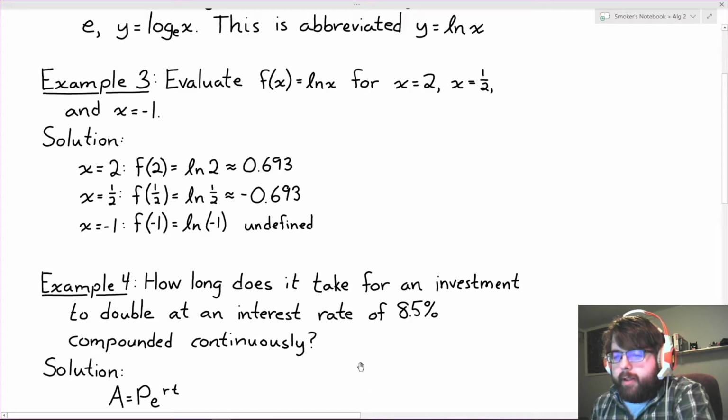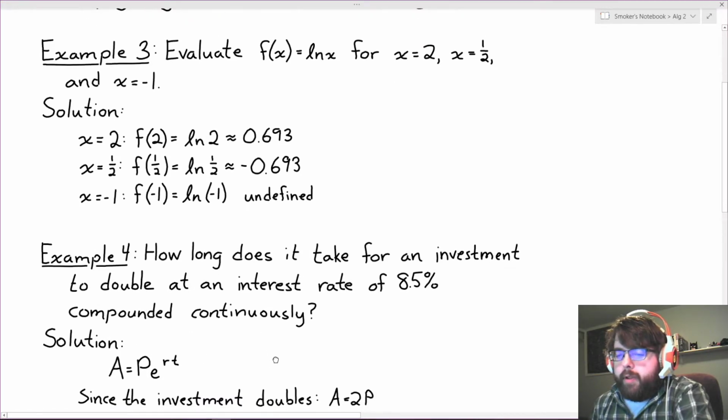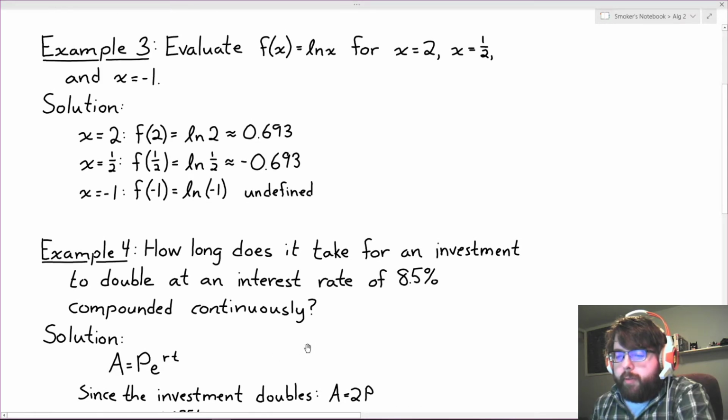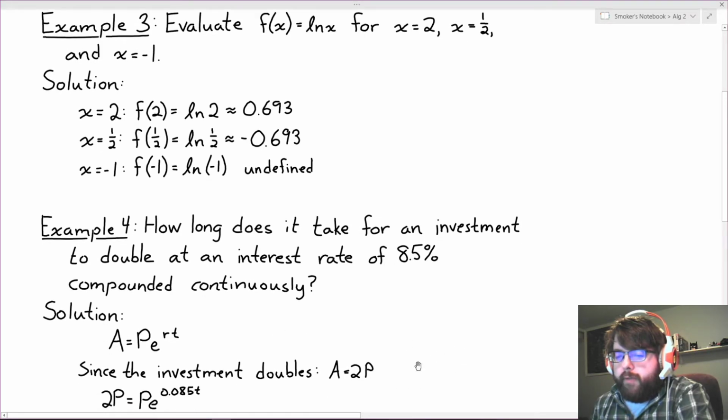But they're asking us, how long does it take? So they're asking us for t, okay? They give us the interest rate, e is the number, and they don't give us a principal, and they don't give us a final amount, but they do tell us that the principal doubles. So the final amount, whatever p is, will be double p, so 2p.